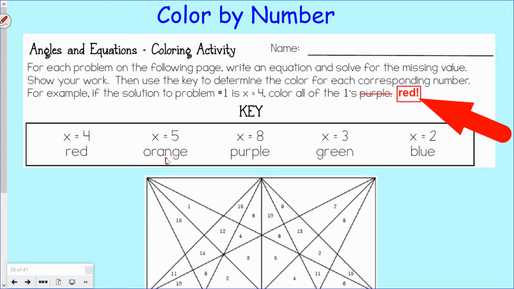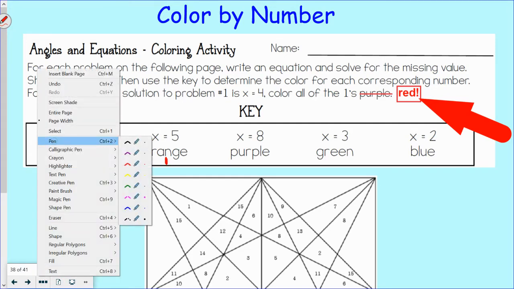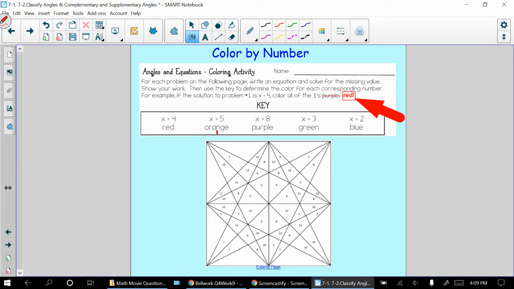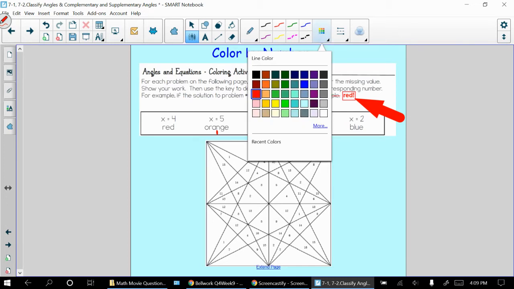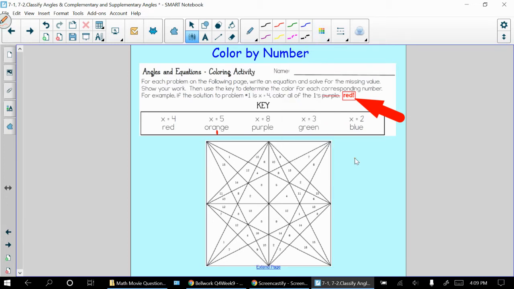Let's see, can I select orange? That's pretty close orange. Let's do that. So everywhere we see a 1, we're going to color it orange.